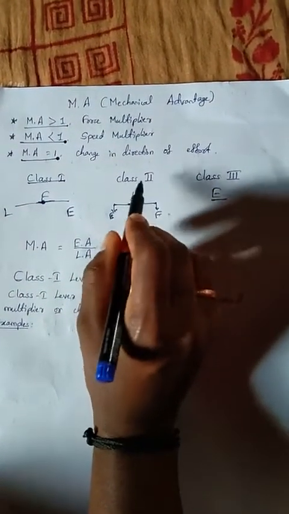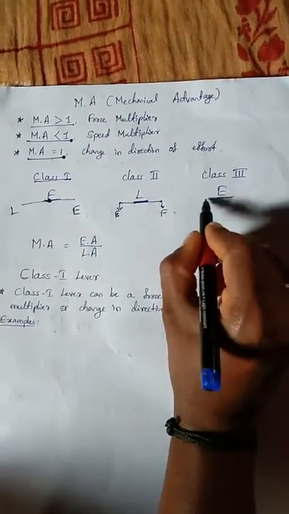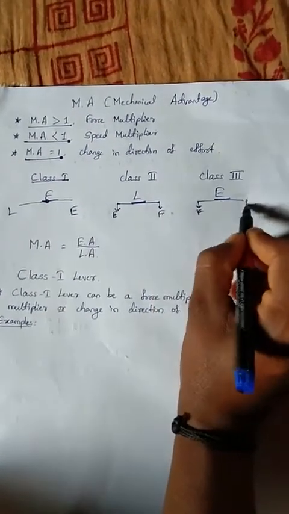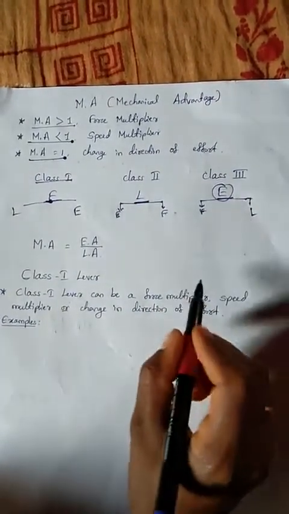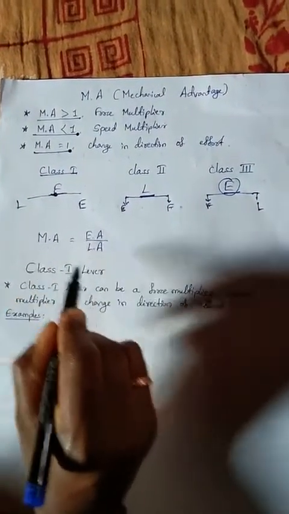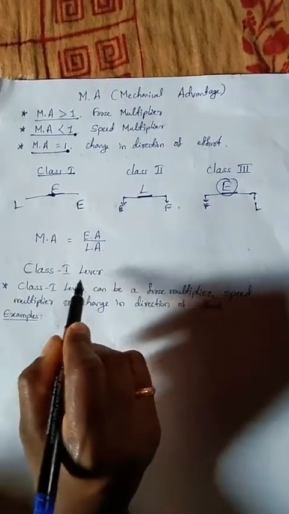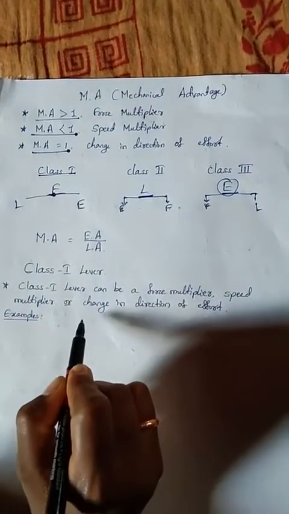In class 3 lever, effort is in the middle, and fulcrum and load are on either side of this effort. And the mechanical advantage formula in a lever is mechanical advantage is equal to effort arm by load arm.